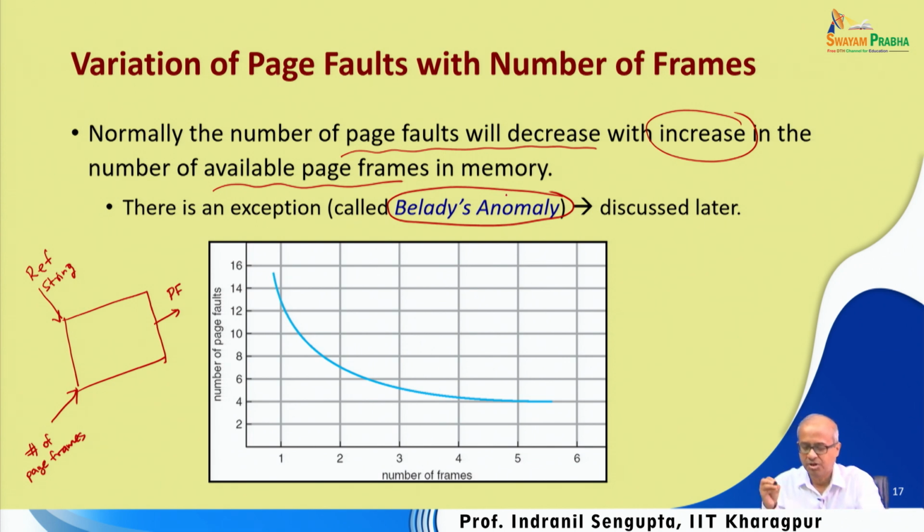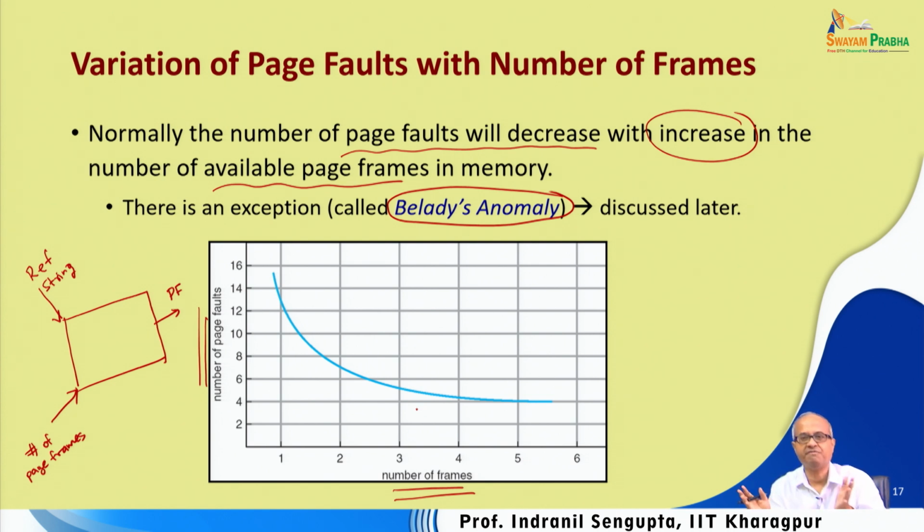Now, normally this graph shows our expected behavior, that as you increase the number of frames in memory, the number of page faults should decrease steadily. Of course, beyond a point it may not decrease any further, because the process does not require any more frames.